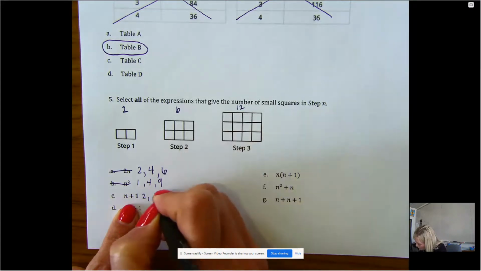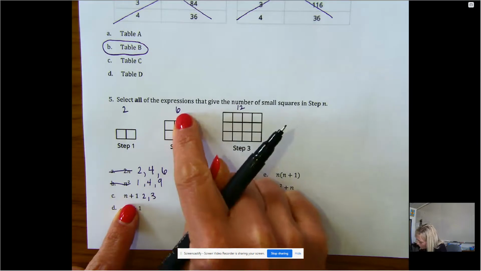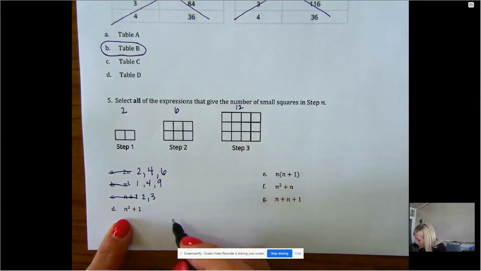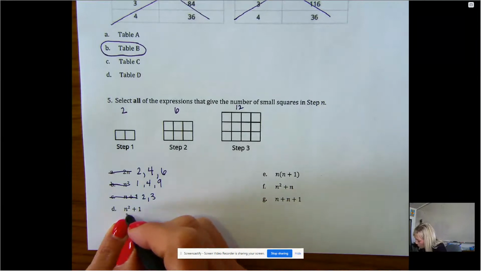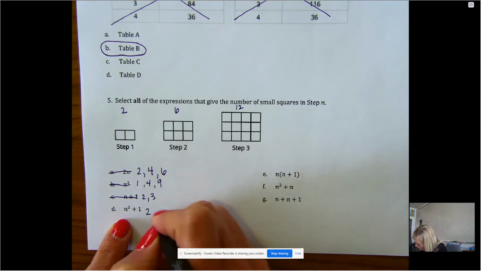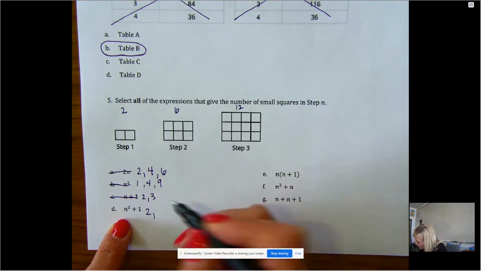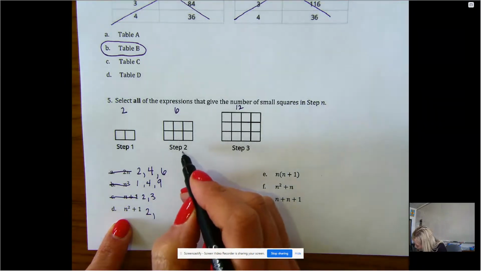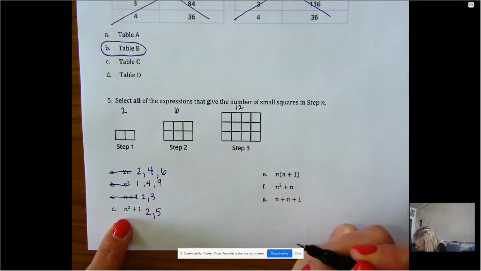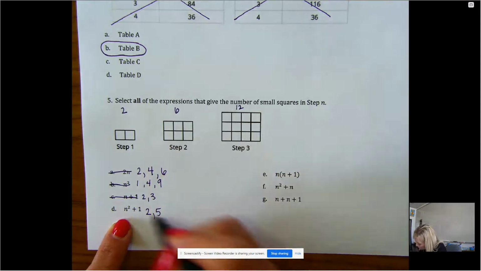But 2 plus 1 is 3, not 6, so it's not C. D, n squared plus 1. 1 squared is 1, plus 1 is 2, so that works. 2 squared is 4, plus 1 is 5. So that one doesn't work.